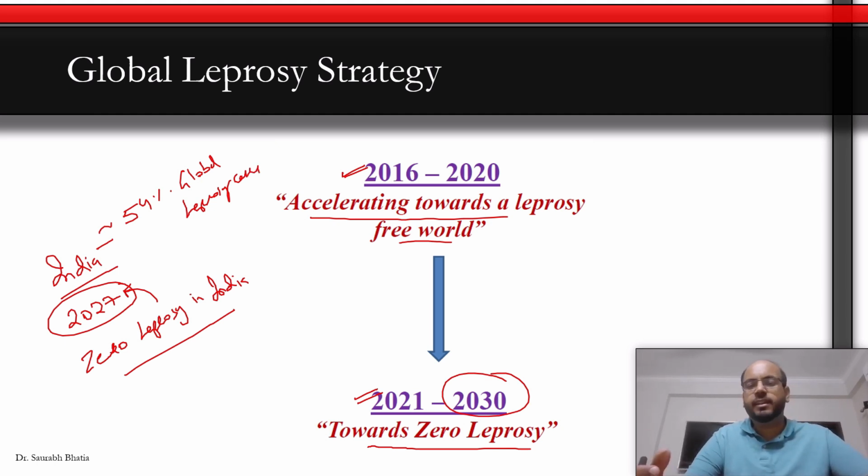So we have taken a very substantial target. The time taken to achieve this target, we have taken it 3 years before that. So what we are trying to say is that we will achieve zero leprosy 3 years before the global target of 2030. If you ask what is the target to achieve zero leprosy, in India it is 2027, at world level it is 2030. Clear? Let's move forward.